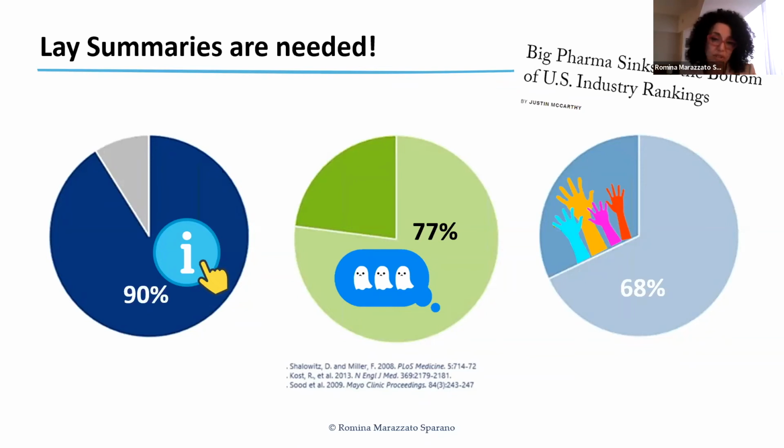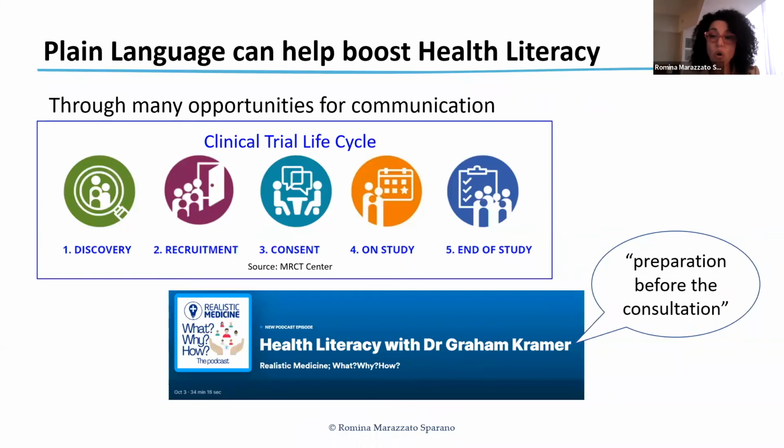A lot of people, 77%, have said that once they participated in the trial, volunteers say that they don't really want to participate again for the most part. So we can solve this with clarity in a whole variety of communication opportunities with the patient. Just in the clinical trial life cycle, we can have many points of intervention with clear communication.